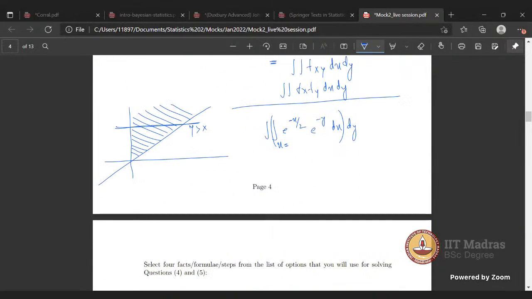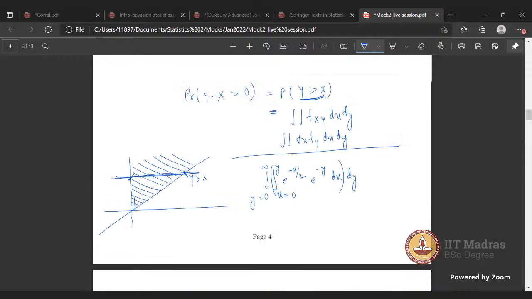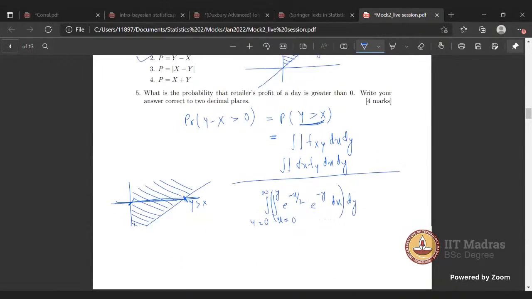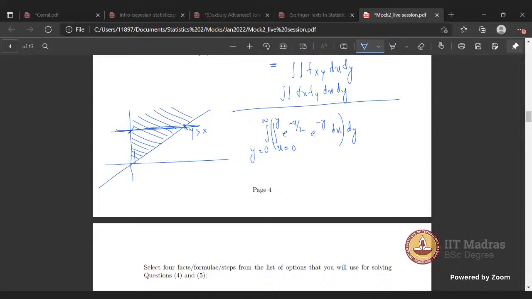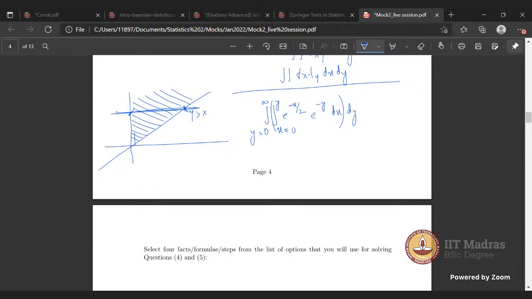So x is varying from 0 to this y, and y is varying from 0 to infinity. There I went wrong. Y is greater than 0, so y is varying from 0 to infinity.